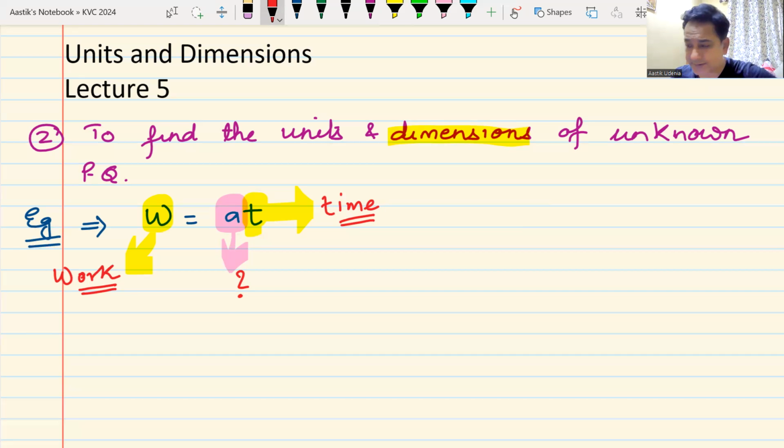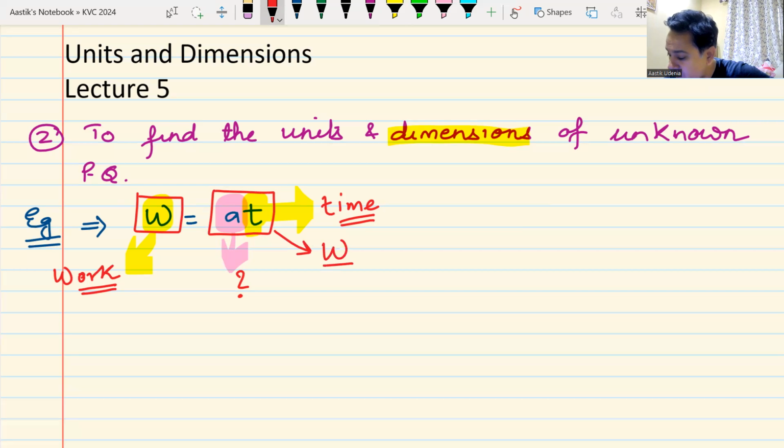Do we remember this? On the left hand side, we have work. So whatever is on the right hand side should also have its dimension and its unit the same as the unit of work. Do we understand this? Yes or no?